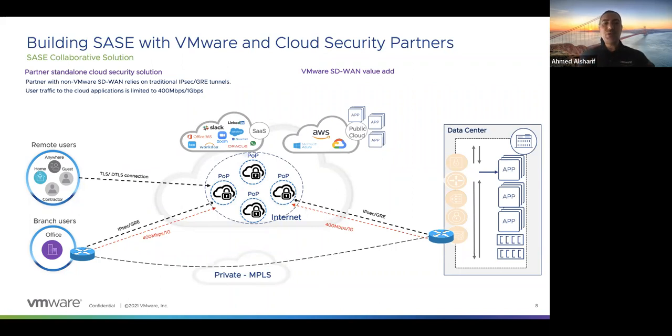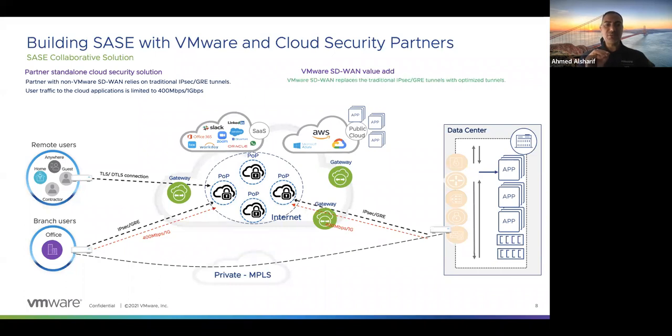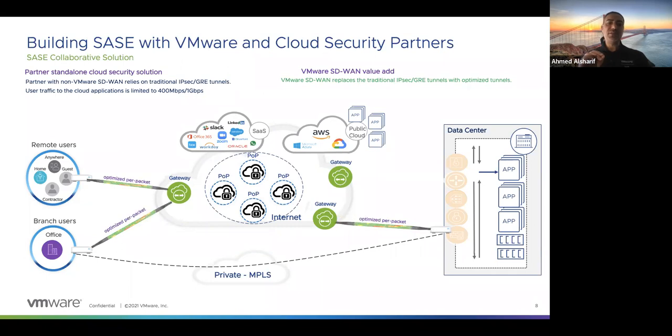Let's see what VMware's value add is in this. When we replace these SD-WAN devices with our infrastructure, SD-WAN and gateways, immediately these legacy connections will be converted to high-speed optimized connectivity to these gateways that sit in the cloud in close proximity to these POPs. We are very close to these POPs physically, like maybe you are in the same Equinix or have high-speed connectivity peering between our gateway and these POPs.